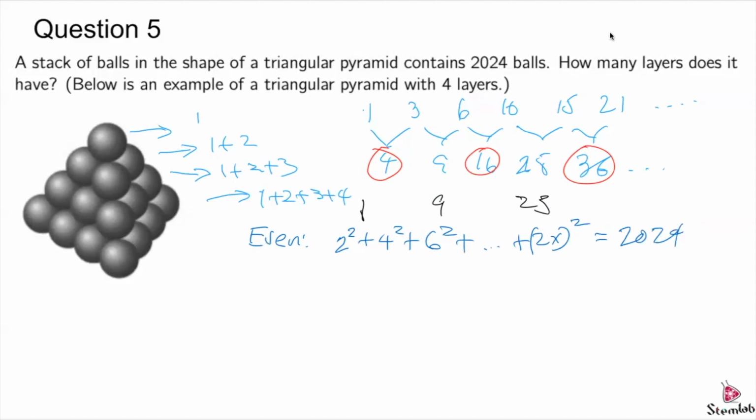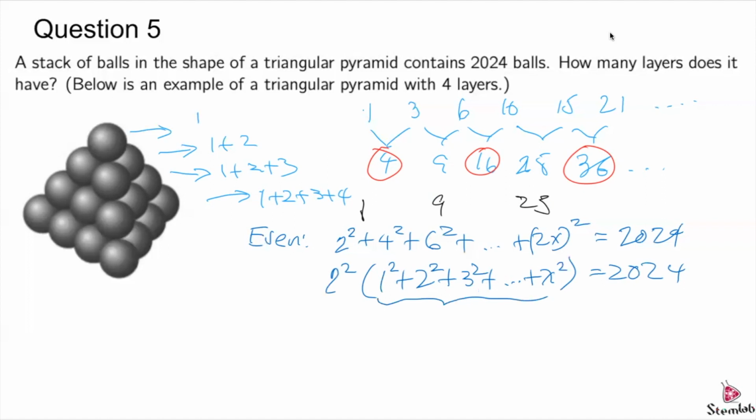Okay, so we can rewrite that as 2 squared times 1 squared plus 2 squared plus 3 squared plus x squared. So this is no more than the sums of squares.